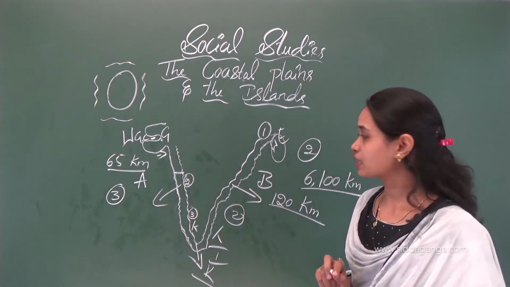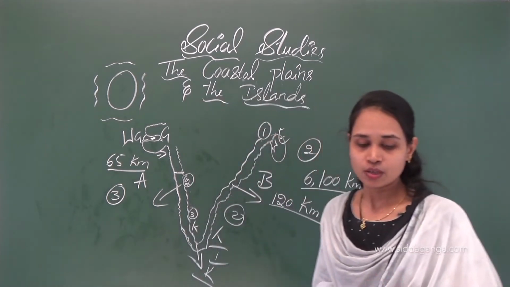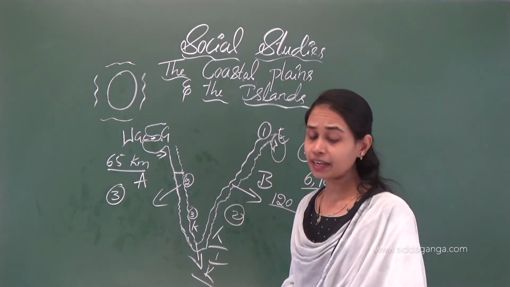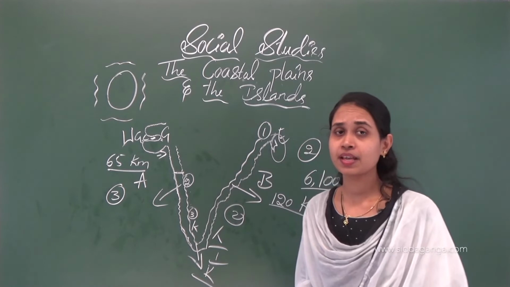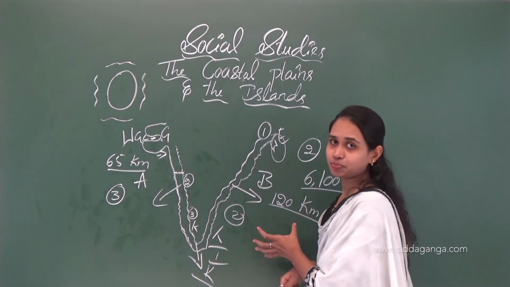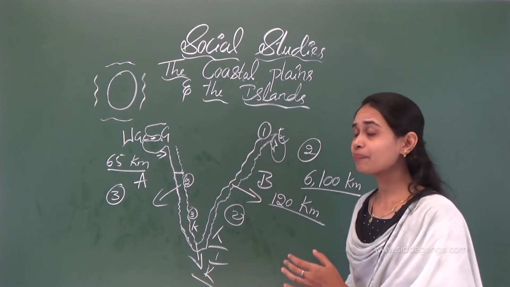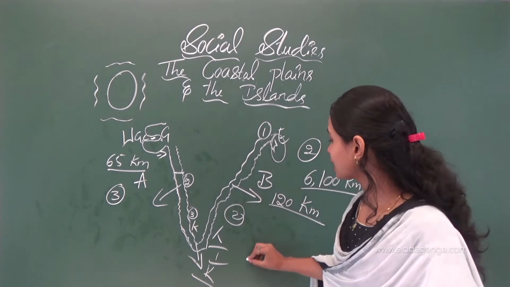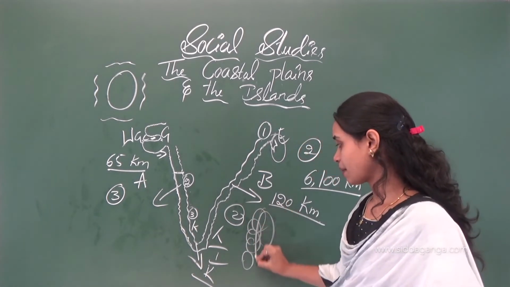So first one is the Andaman and Nicobar Islands. Here, Andaman and Nicobar lie in the Bay of Bengal. Where is the Bay of Bengal? Yes, in the east part. We can see the Andaman and Nicobar Islands in the east part of our country, in this place.